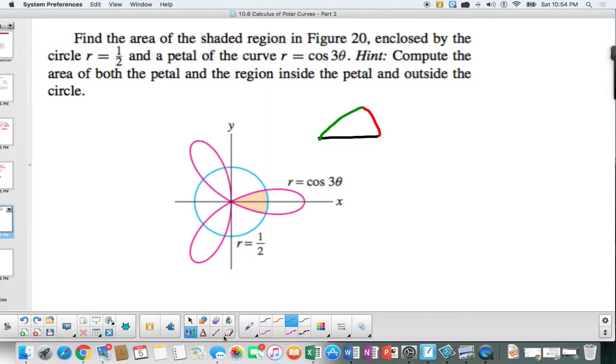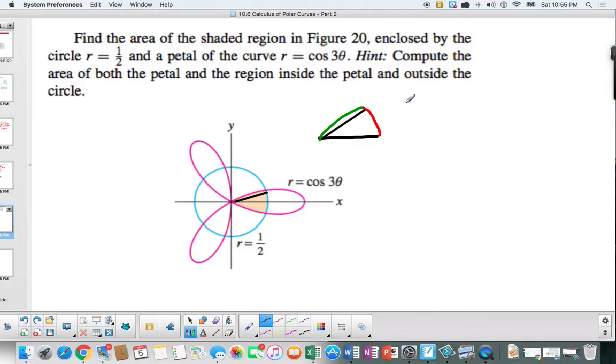Let me go ahead and draw a straight line for you, from here to here, and from here to here. So these little sectors that we're going to have, their edges are going to be different radii.